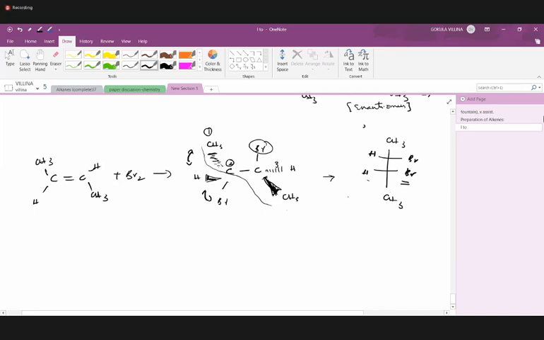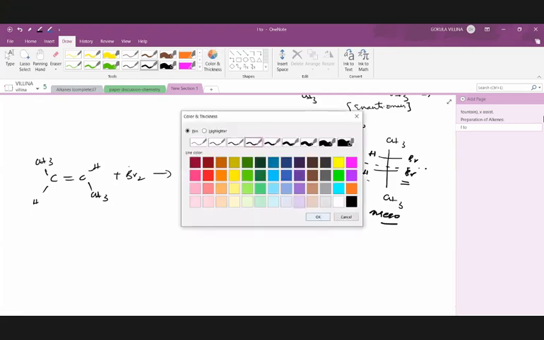When we flip the positions of CH3 with the hydrogen, only one flip is required. So this will give us a meso compound.